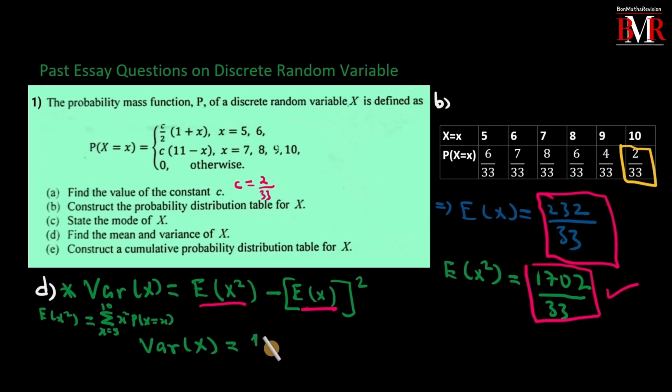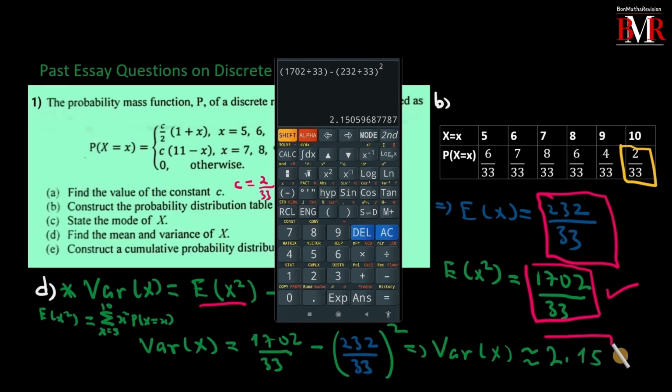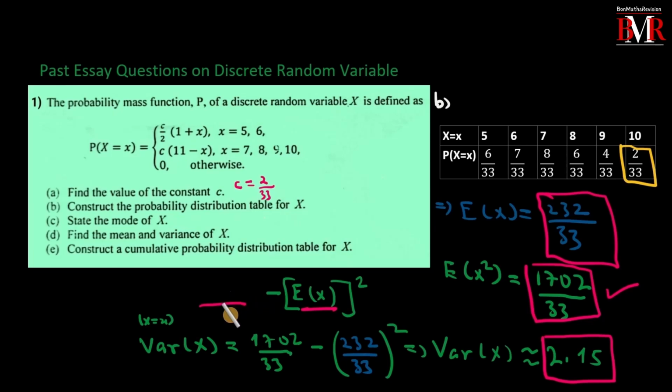That is 1702 all over 33 minus 232 all over 33, all that squared, which will give me approximately 2.15. That means the variance of x is approximately 2.15 in 2 decimal places.